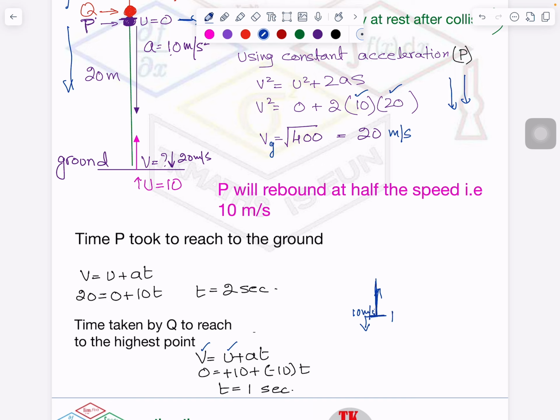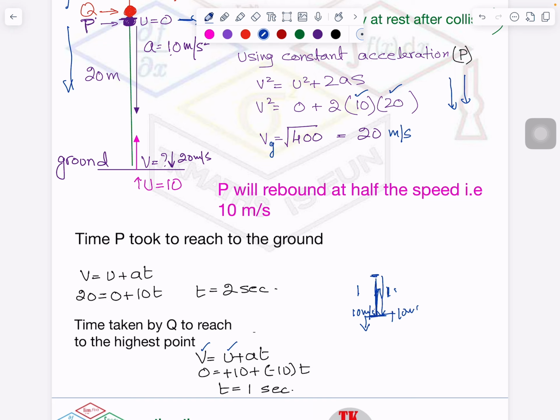Now you know from the physics concept, when some object goes with the speed of, suppose, 10 meters per second, and it took, for example, 1 second to reach this point, it will take exactly the same time to come back, 1 second, and it will have exactly the same speed with which it has gone up from here. So that's why I don't need to calculate all that.